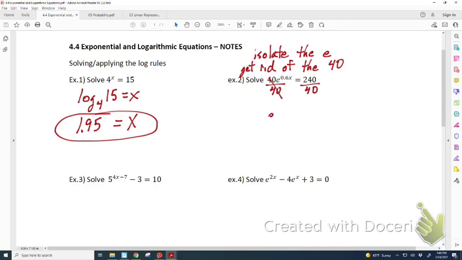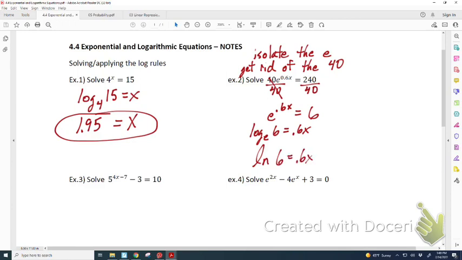And then the e is all by itself, and you can put it in log form. This one's kind of weird because of the e, because at first we write log base e of 6 equals 0.6x. And remember we talked about it last week, log e is the same as natural log.